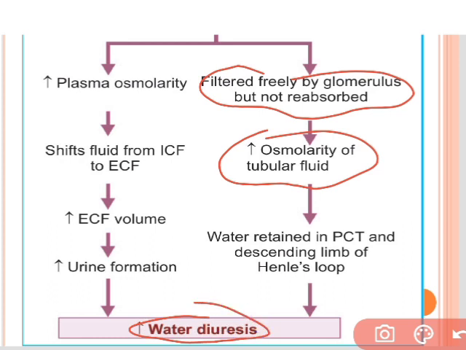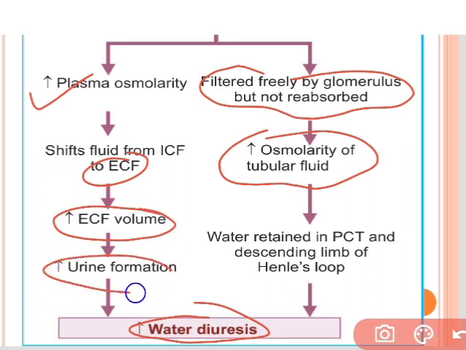How does water diuresis increase? By two ways. It increases the plasma osmolarity, so there is a shift of fluid from the intracellular to the extracellular compartment, the ECF volume increases, and urine volume increases.